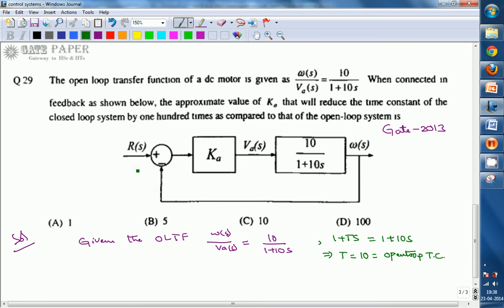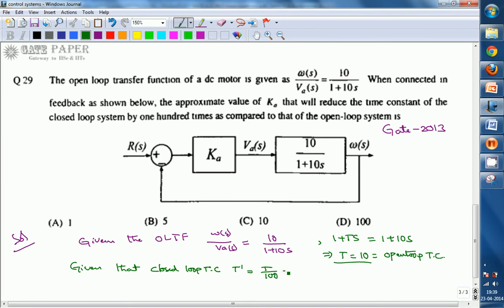In the question it is given that the time constant of the closed loop system is reduced by 100 times as compared to that of the open loop system. So we have the open loop time constant T, and the closed loop time constant, represented with T dash, is equal to T by 100.